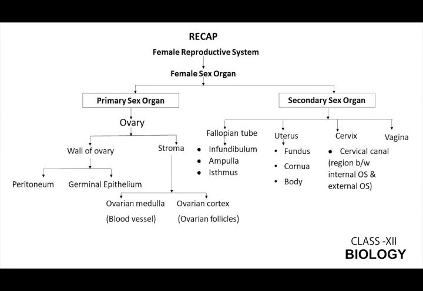Next part is the cervix, the body of the uterus extends towards the cervix. Cervix has two openings, internal OS and external OS. The region between internal OS and external OS is called the cervical canal that opens into the vagina. So this is about the female reproductive system.